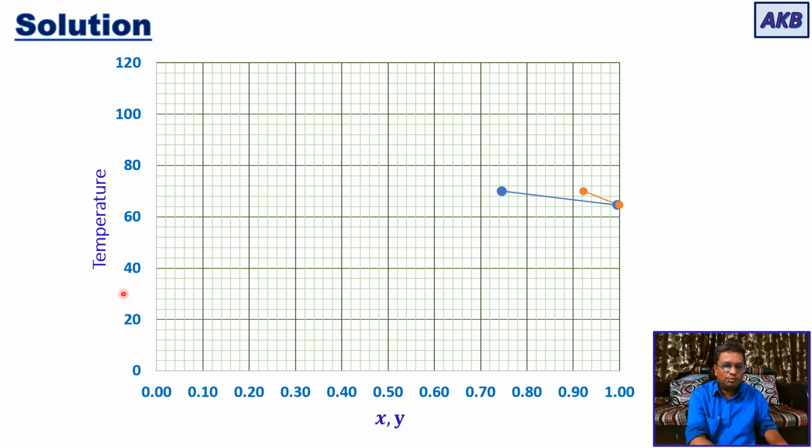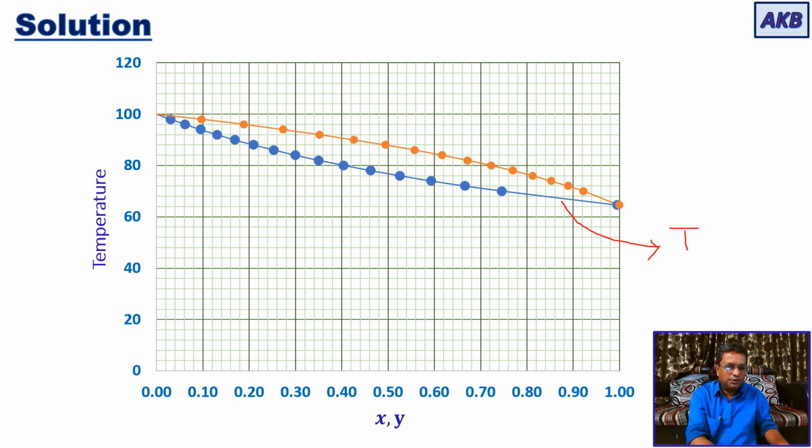If you plot the data that was generated previously, you'll be getting the boiling point diagram. The blue curve is a plot of temperature versus x, and the orange curve is a plot of temperature versus y.